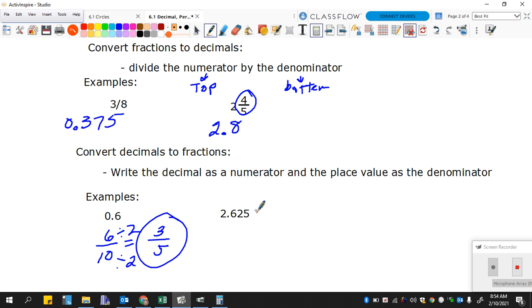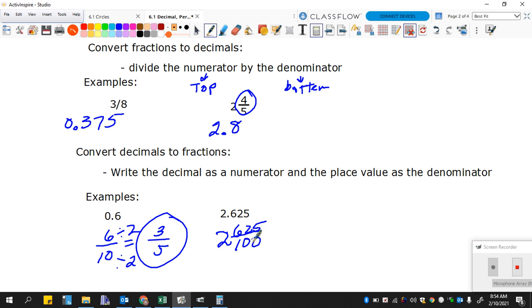Here, 2 and 625 thousandths. Okay, so we have the whole number 2, and 625 over 1,000.